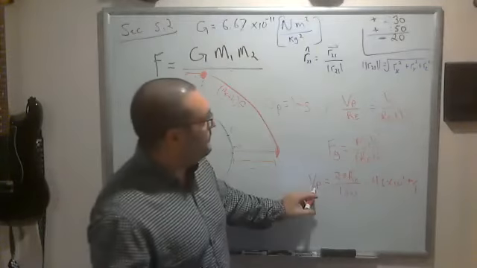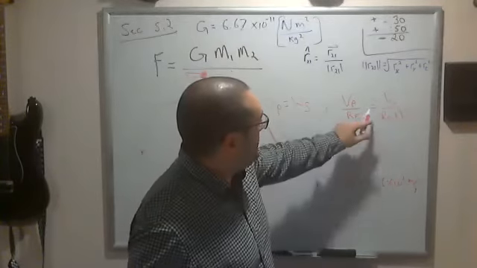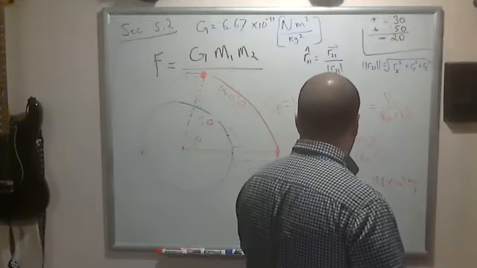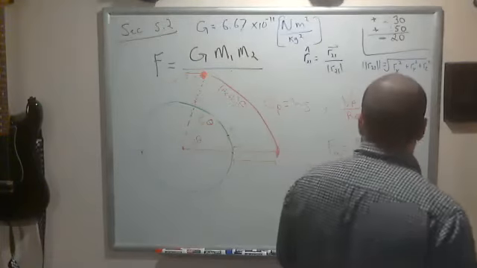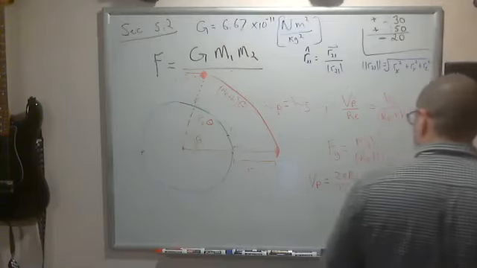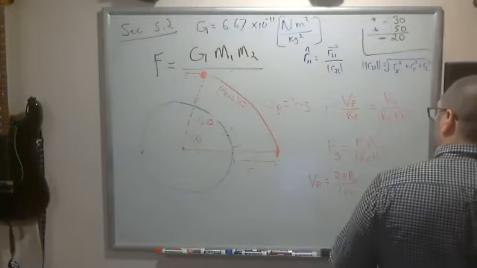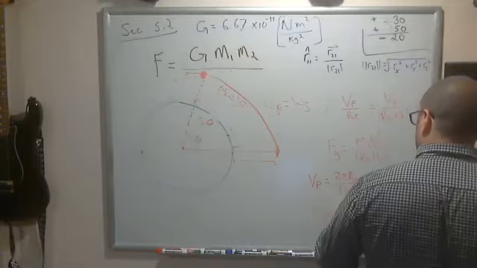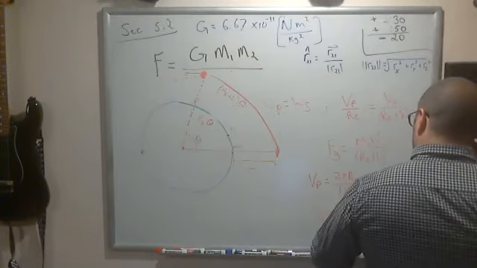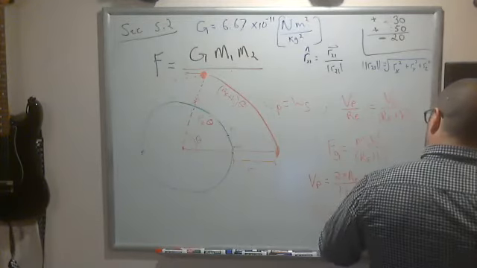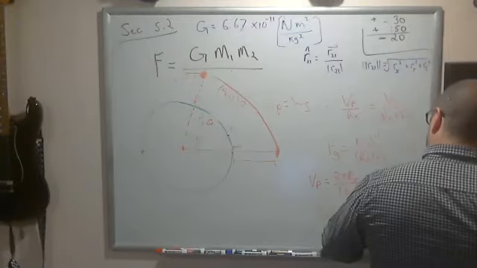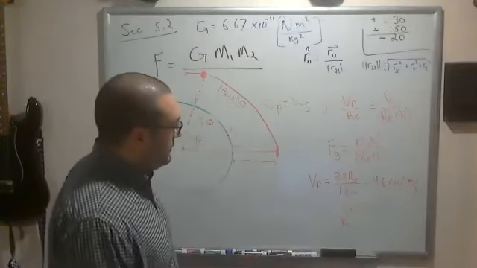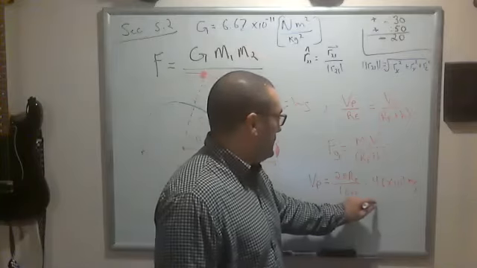So we know VP. Let's solve for our VS in this case. So it would be VP. Just bring this over to the other side. We have VS over here, and this is the height.